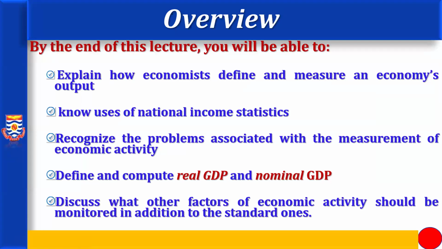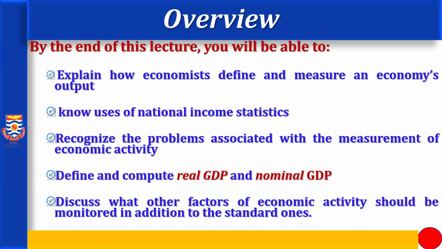by the end of this topic, we should be able to know how economists define and measure an economy's output or economic activity. You should be able to know the uses of this measurement. What do we use it for? So if you're able to measure the amount of economic activity going on in our economy, what do we use those things for? You will know it. Then we would also learn the problems associated with measuring the amount of economic activity going on in an economy.